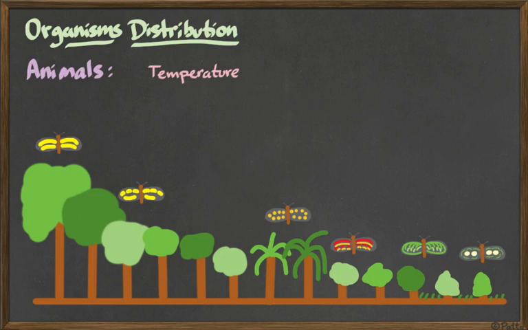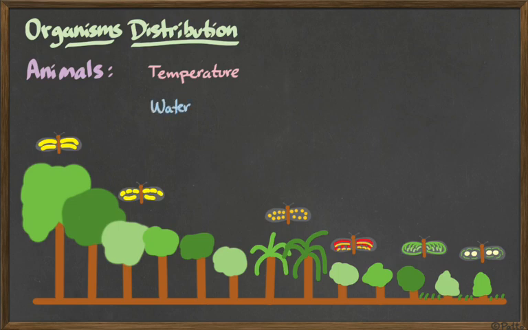But animals that don't control their body temperature need the environment to stay around the best temperature for them. So temperature is something that is going to affect animal distribution. Different temperatures, different enzyme activity, so they will work in different ways.